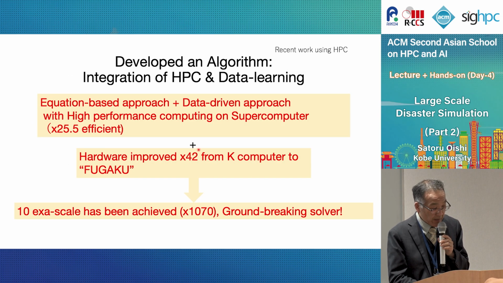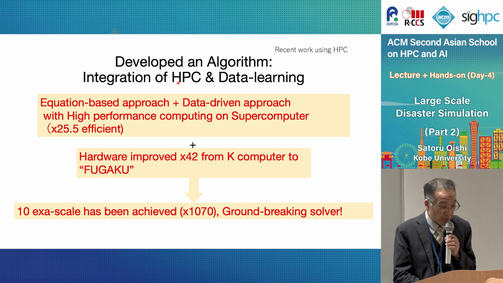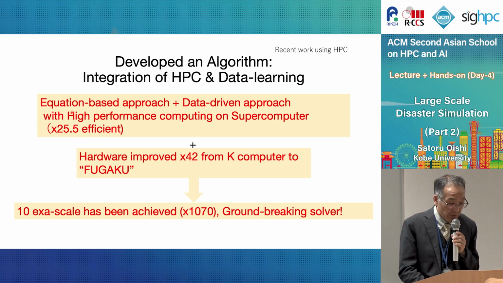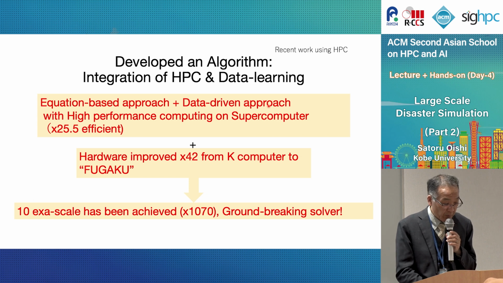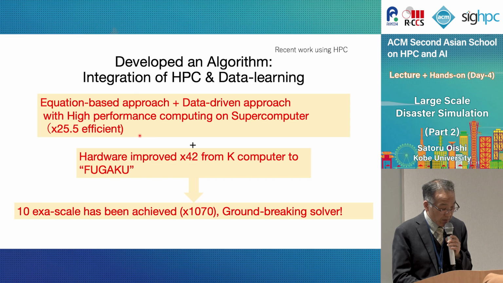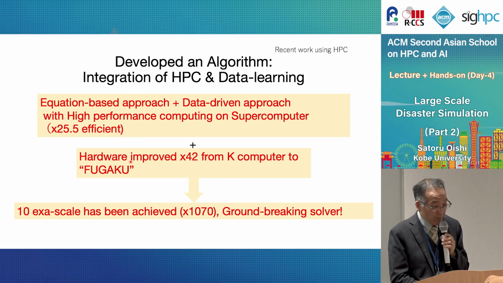They developed an algorithm integrating HPC and data learning. That is an equation-based approach and a data-driven approach with high-performance computing on a supercomputer. Hardware improved from K, at 42%, to Fugaku, and 10 exascale has been achieved.